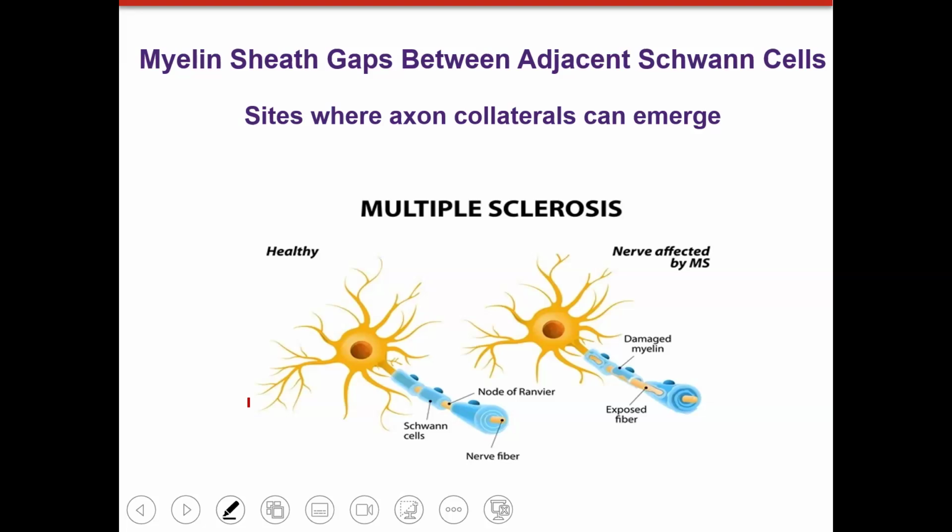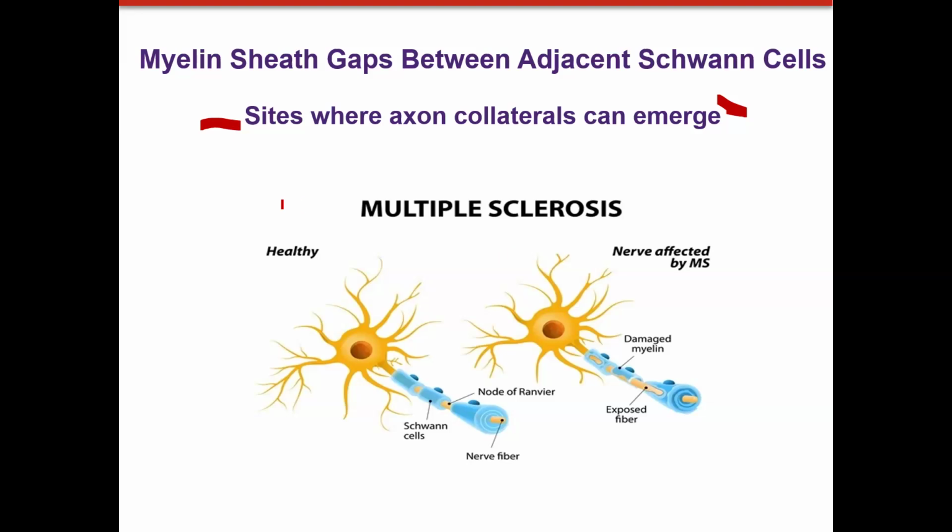So for example, some damage to myelin sheath, multiple sclerosis is a good example of that. Okay, so myelin sheath gaps between our adjacent Schwann cells here and sites where axon collaterals can emerge. So remember when we highlighted that in yellow at the bottom of the screen a couple slides back, and I said, hang on to this. This is important in understanding the nervous system.